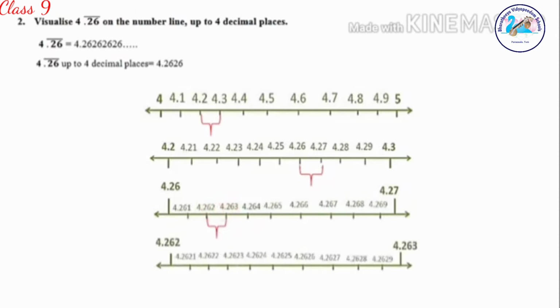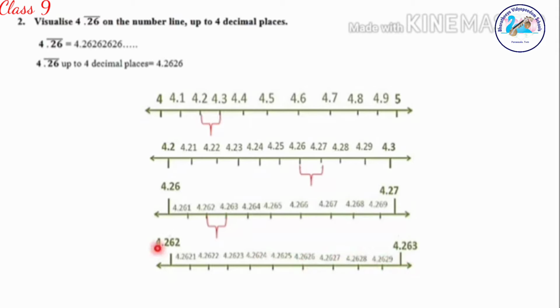So we have located the endpoints again. Let's mark these 2 points on the number line, with 4.262 at the start and 4.263 at the end, and we have divided it into 10 equal pieces. 1, 2, 3, 4, 5, 6, 7, 8, 9 and 10.